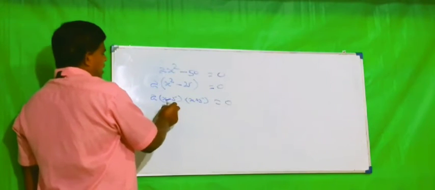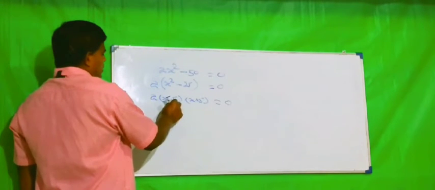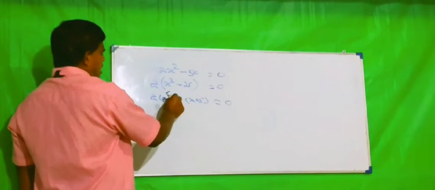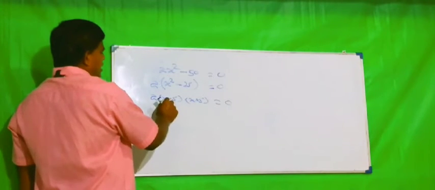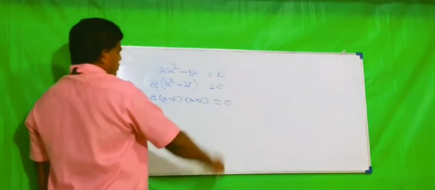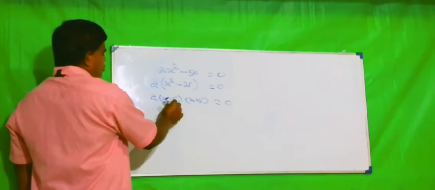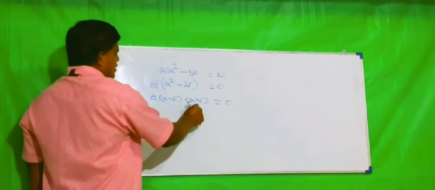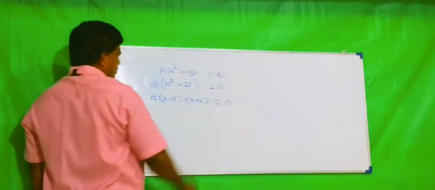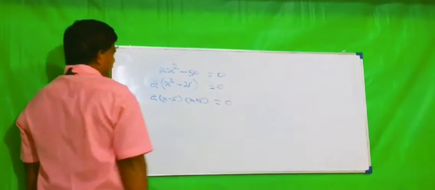So the other unknown factors, s minus 5 and s plus 5, one of them should be 0 because of the zero product.